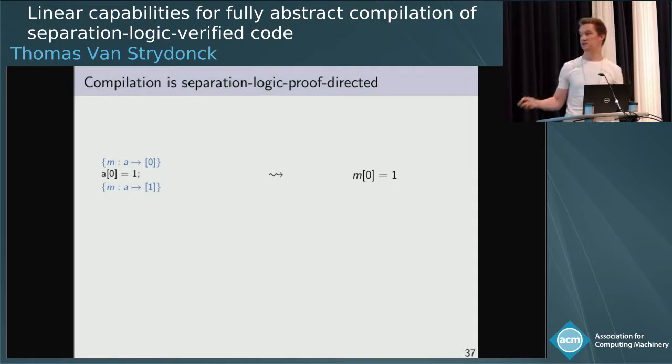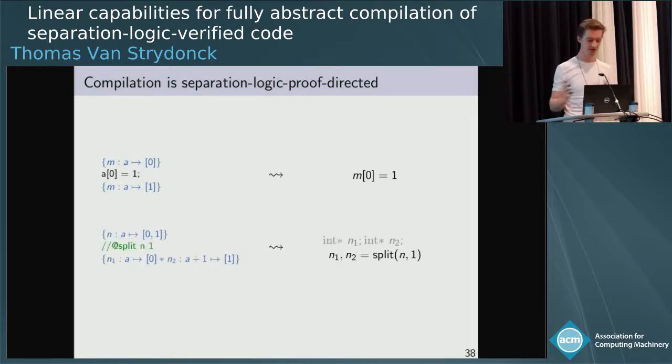For example, in this array access we had in our example, we can see that the resource M is being manipulated by this access, and so we're going to compile this down to the corresponding manipulation, setting the first element of the corresponding linear capability to 1. Another example is the split ghost command.